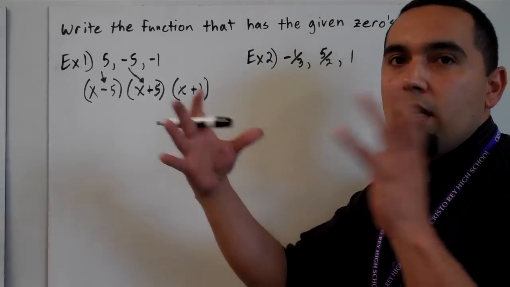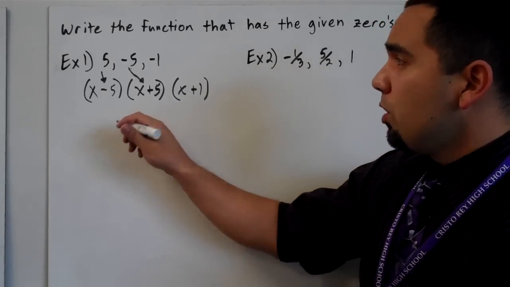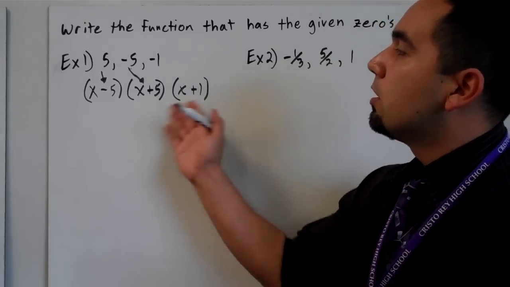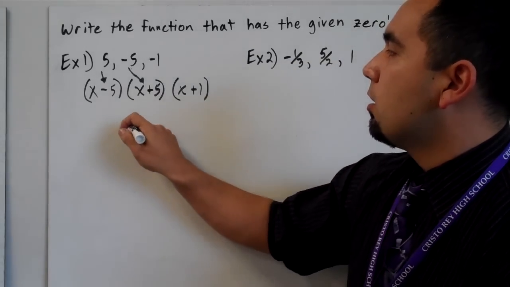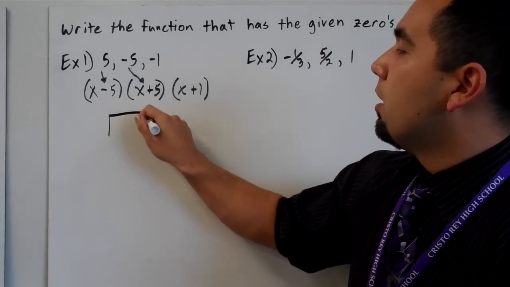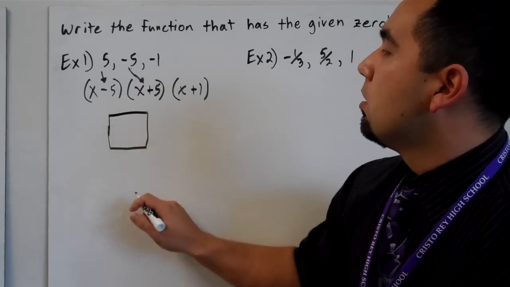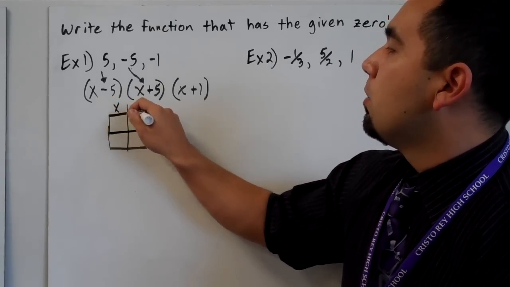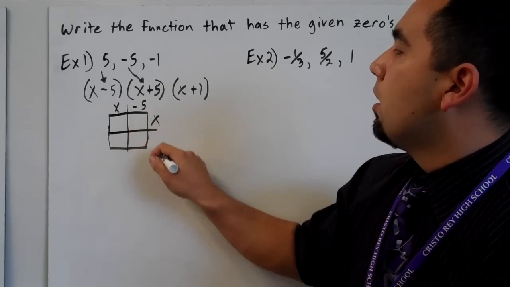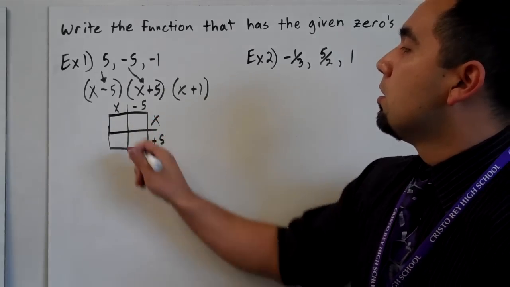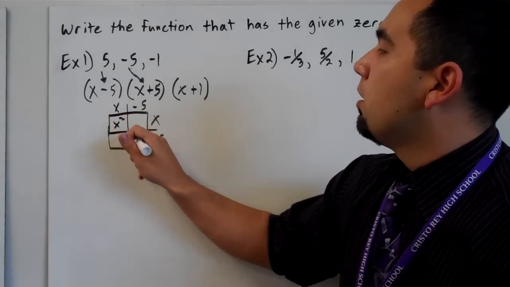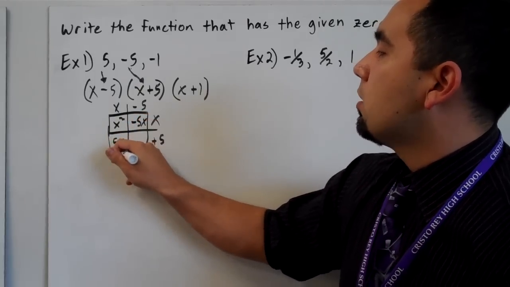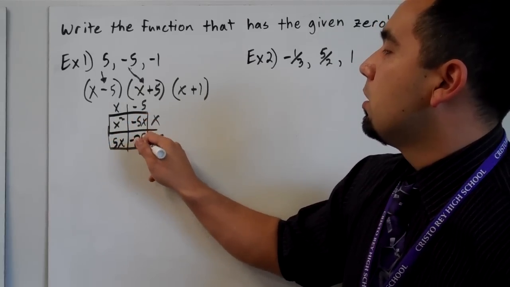We need to write it all the way worked out, or multiplied out. So basically I'm just going to do what I normally do, except it's going to take some time. I like the box, so I'm going to write my box. I'm going to start with x minus 5 and x plus 5. So I get x squared, -5x, 5x, and -25.